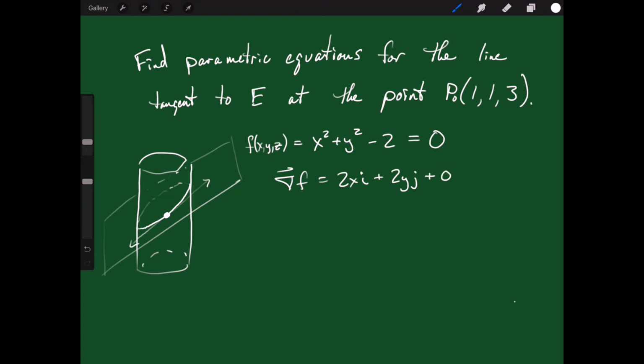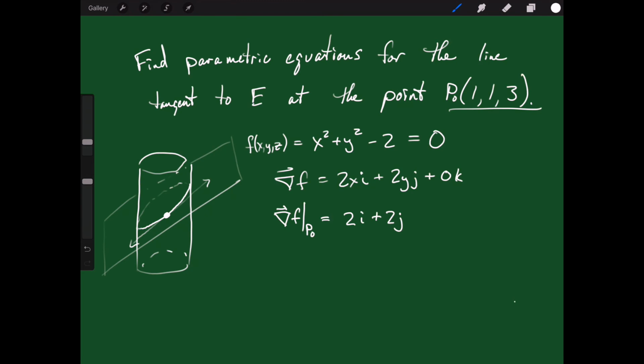Okay, so that's the gradient of f, but it's at a specific point. The point is (1, 1, 3). So I could plug that in, and I get that the gradient of f evaluated at p0 would be 2i plus 2j, and that's it. So I get some gradient.